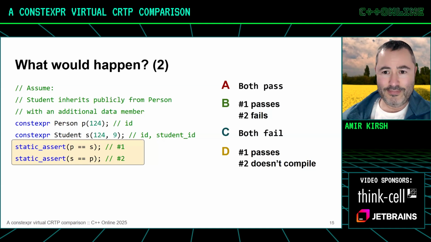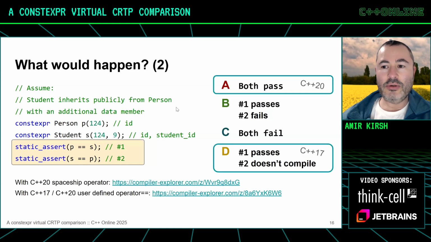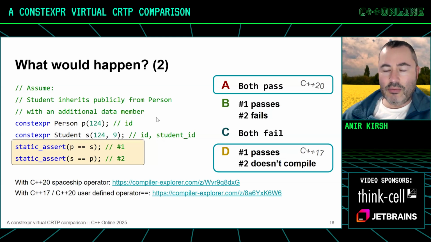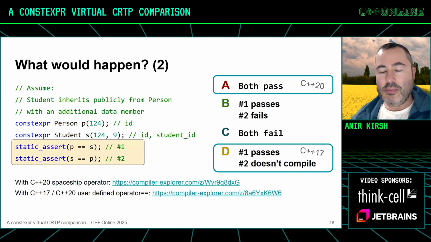And the actual answer is, in C++20, both would pass, which is not good, because in this case the person is not a student. The student has additional attributes. Maybe in the previous example we had some reservations, but eventually we could say, you know what, the student is a person, it has the exact same attributes.